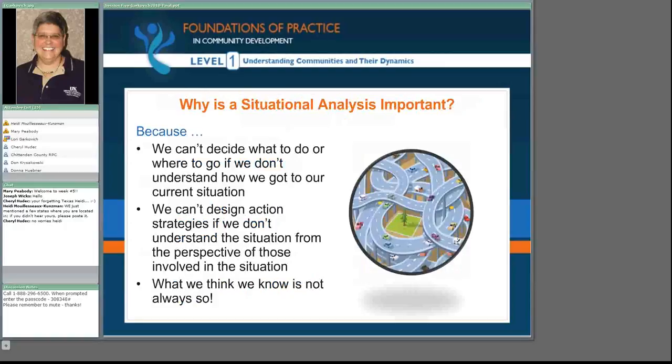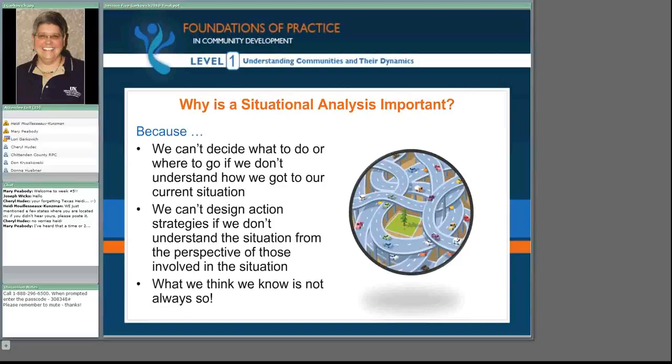I encounter communities a lot where the attitude is, why are we wasting time doing this? Why don't we just go ahead and do something? And I understand that desire to move forward and to see some of this process as spinning wheels, wasting time. But the truth of the matter is that we really can't decide what to do or where to go if we don't understand how we got into our current situation.